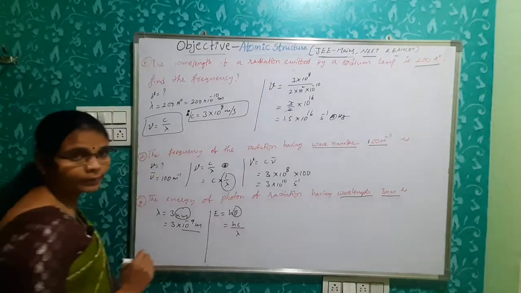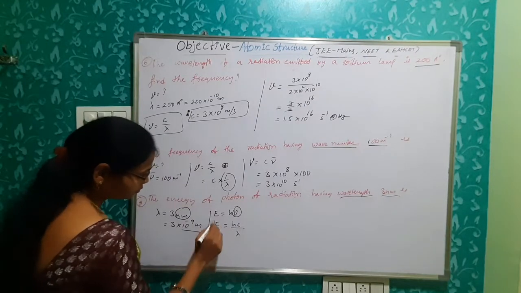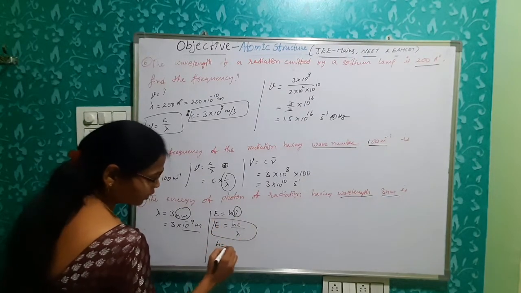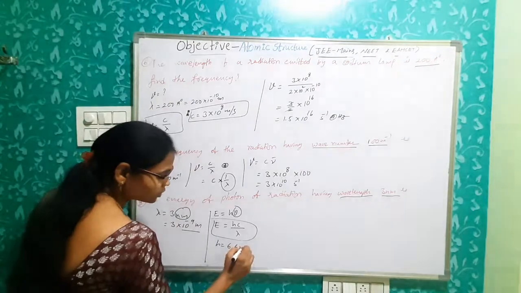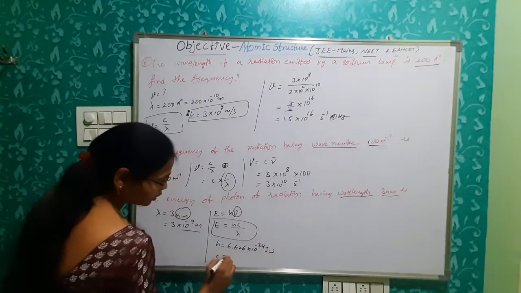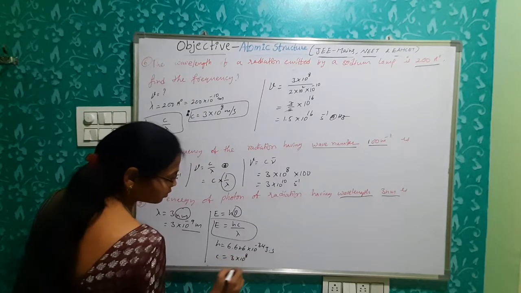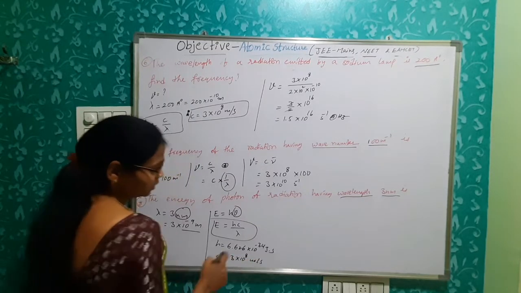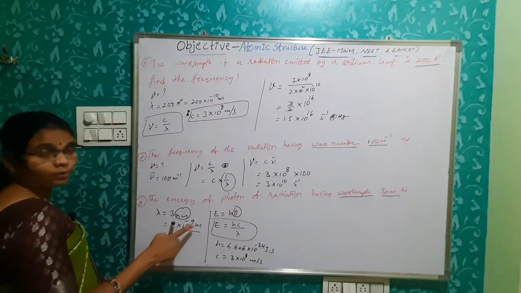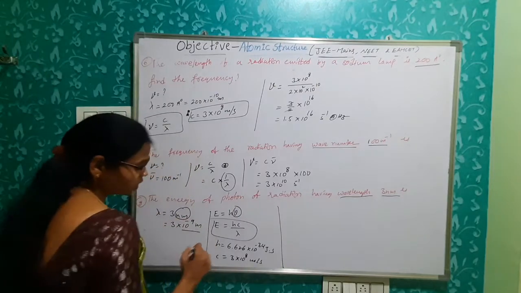Now h value we can take as 6.626 into 10 power minus 34 joule second, c value 3 into 10 power 8 meters per second, and lambda is given as 3 into 10 power minus 9 meters. So all values are substituted here.